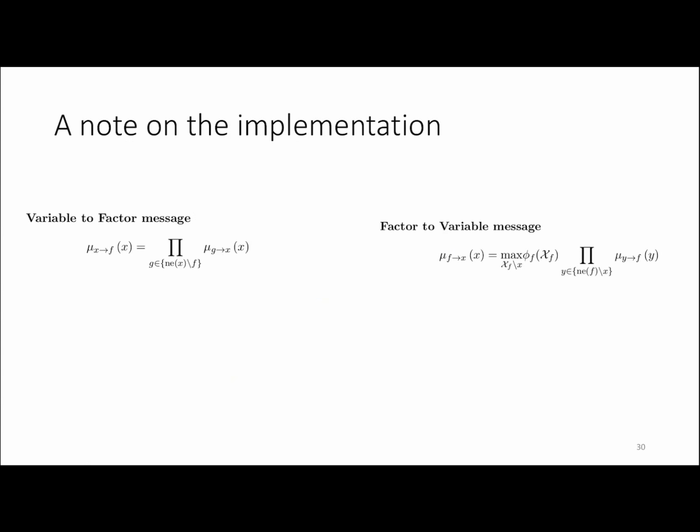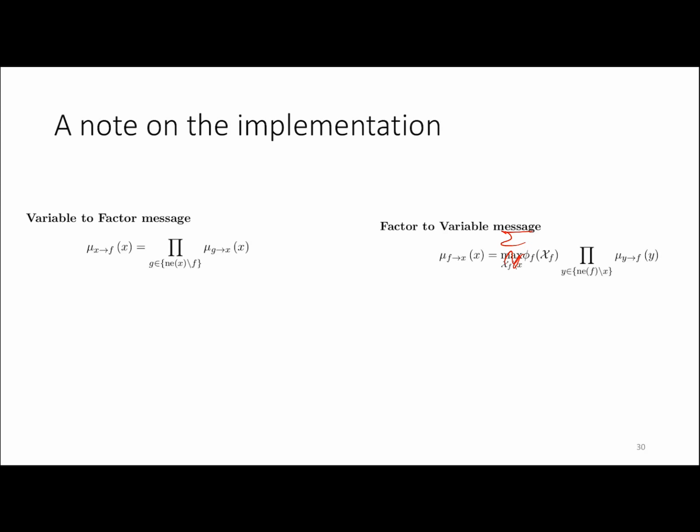Now, you have probably observed that to send a message, if I'm a node sending a message to a factor, I have to multiply a bunch of messages to each other.